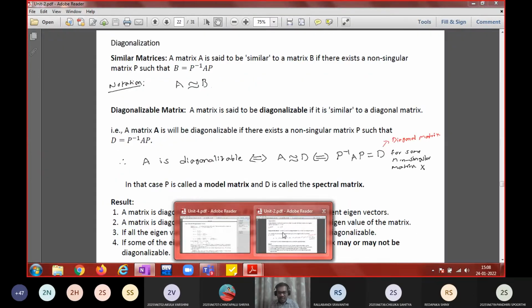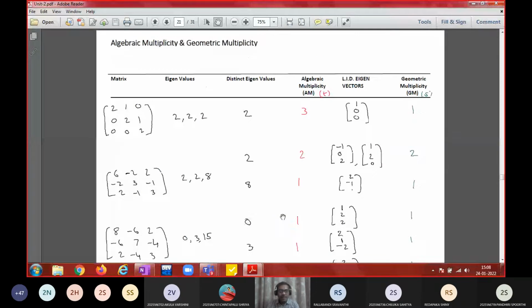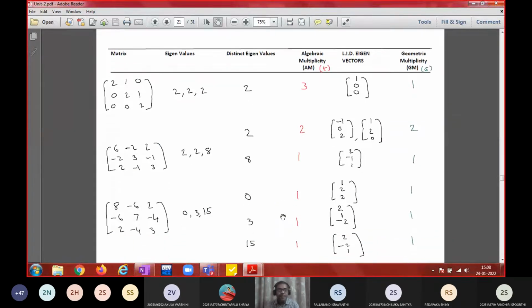What is algebraic multiplicity? What is geometric multiplicity? That can be seen from here. If all the eigenvalues are the same, the algebraic multiplicity is the multiplicity of the eigenvalue occurring as a root. How many times is 2 occurring? 3 times. So its algebraic multiplicity is 3. That is denoted with t.